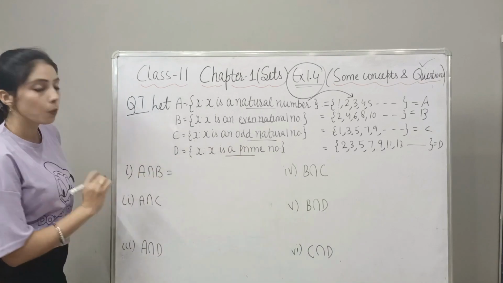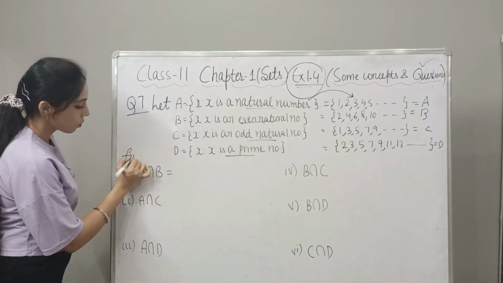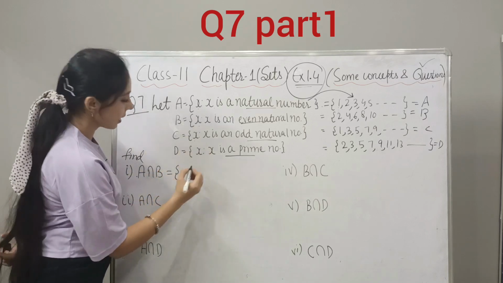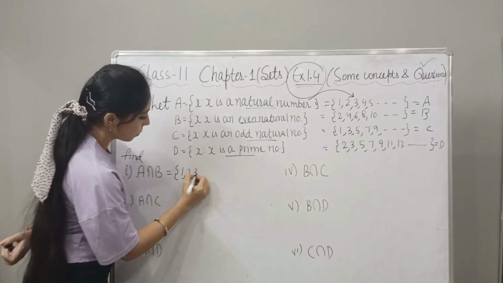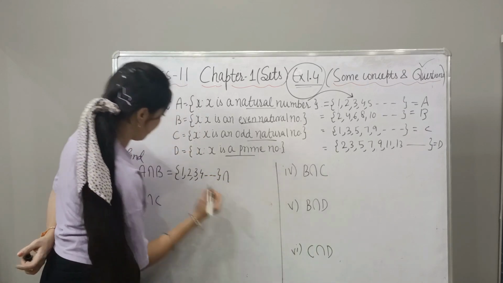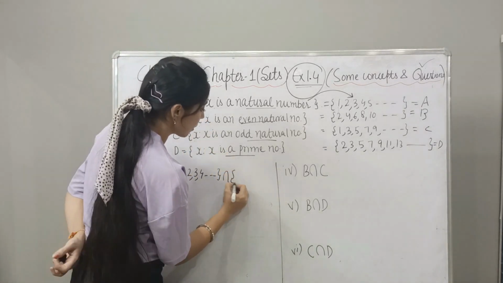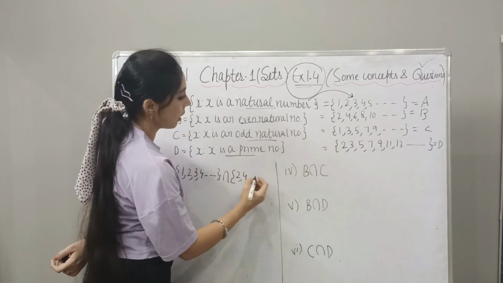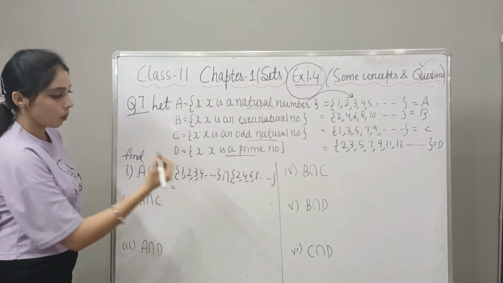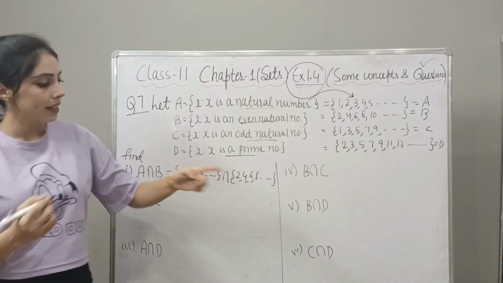Okay. So first of all, we have to find A intersection B. So what is A? A is 1, 2, 3, 4 and so on. Intersection with B. B is the set of all even natural numbers. So we have to find the intersection.